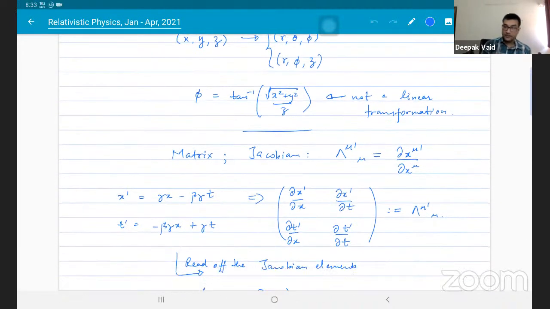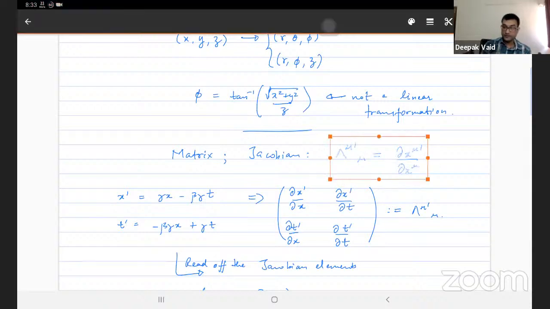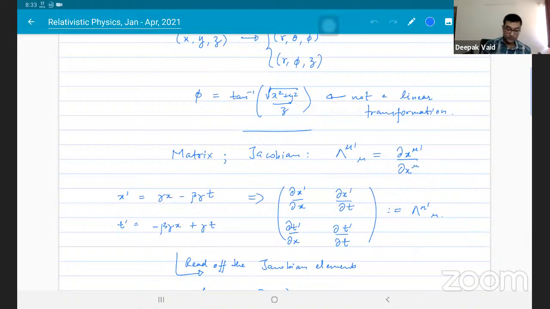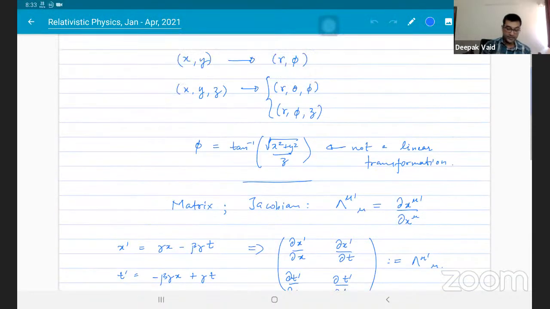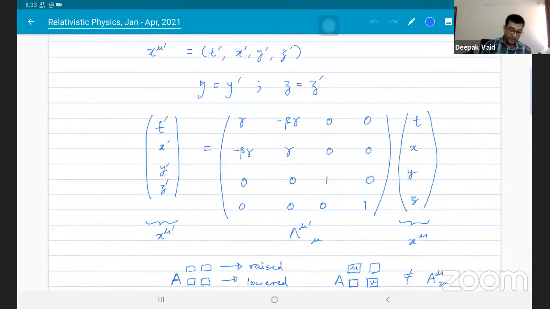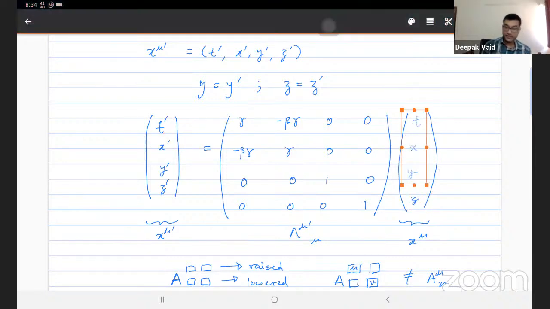But regardless of whether it's linear or non-linear, one can define this quantity, which is called the Jacobian. So you basically are taking the derivative of the new coordinates with respect to the old coordinates, right? Each of these new coordinates, t prime, is a function of the old coordinates. t prime is a function of t, x, y, z. x prime is a function of t, x, y, z, like this.